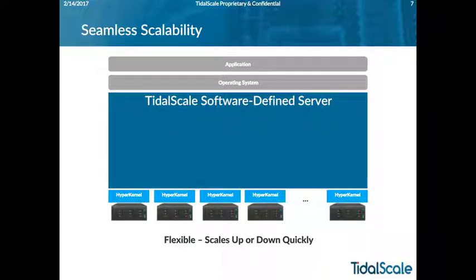To play off of that, instead of calling it a cluster, we call it a tidal pod. So as you need a bigger software-defined server, you just add more physical nodes to your pod, and you get a bigger operating system, essentially more RAM and more cores for doing your data analysis.